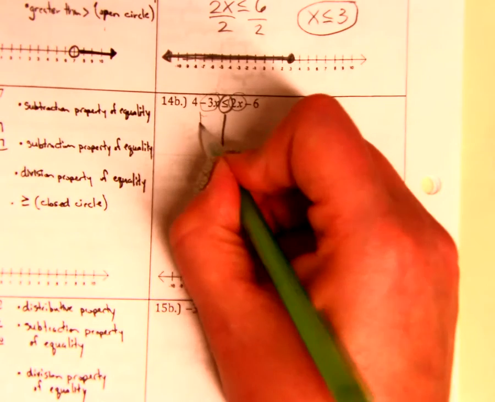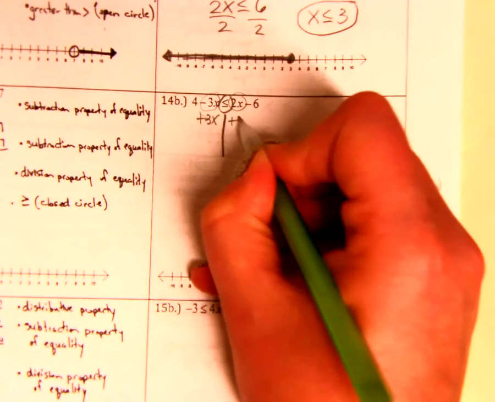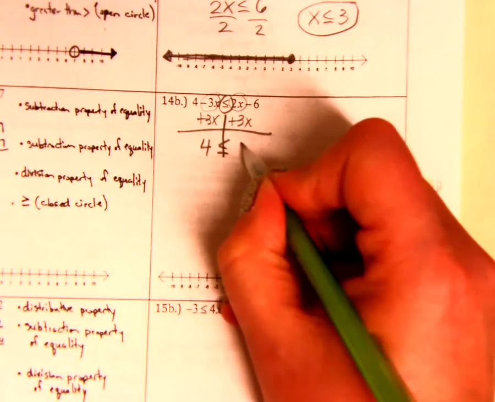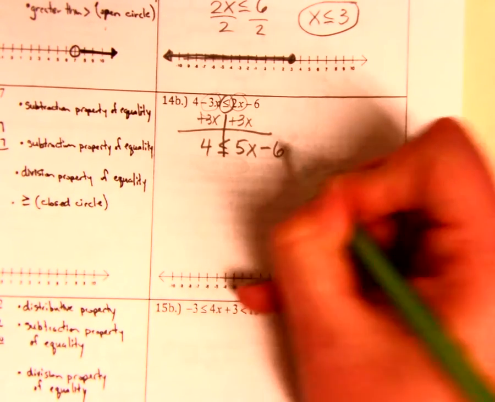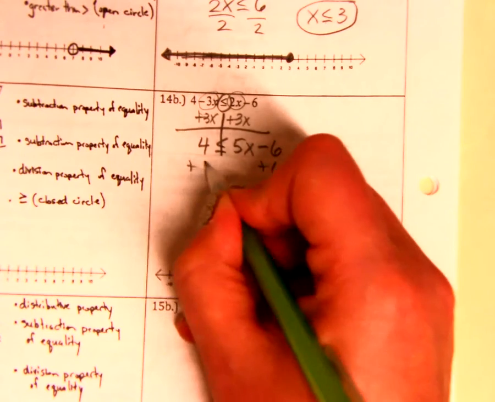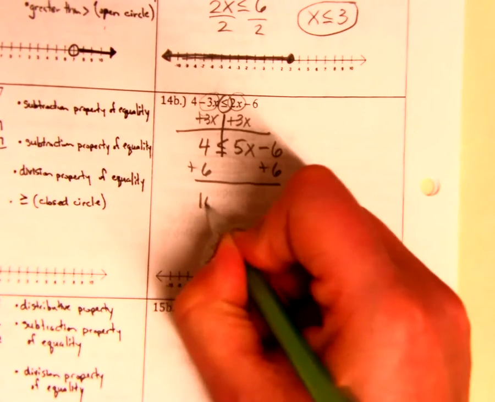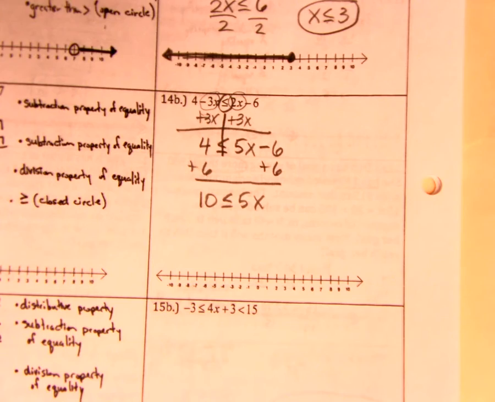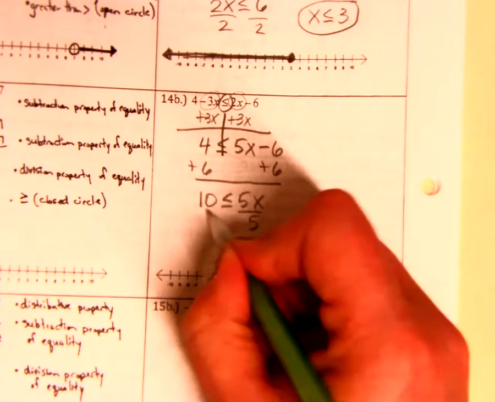So we're going to add 3x to both sides. That's going to give me 4 is less than or equal to 5x minus 6. Add 6 to both sides. We're going to get 10 is less than or equal to 5x. Divide both sides by 5.